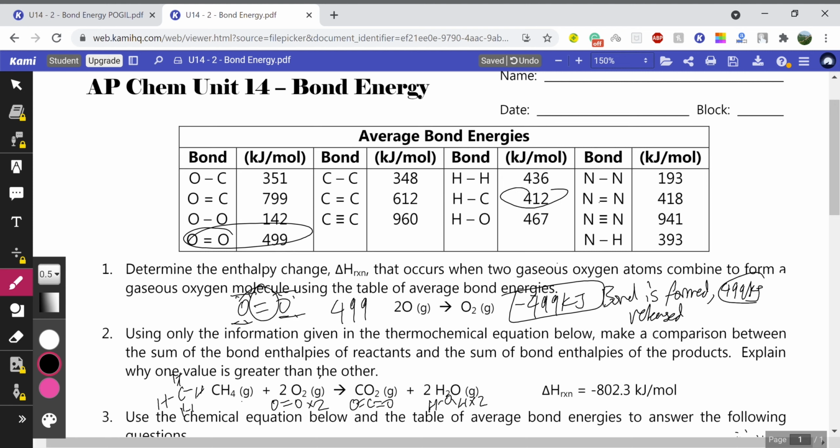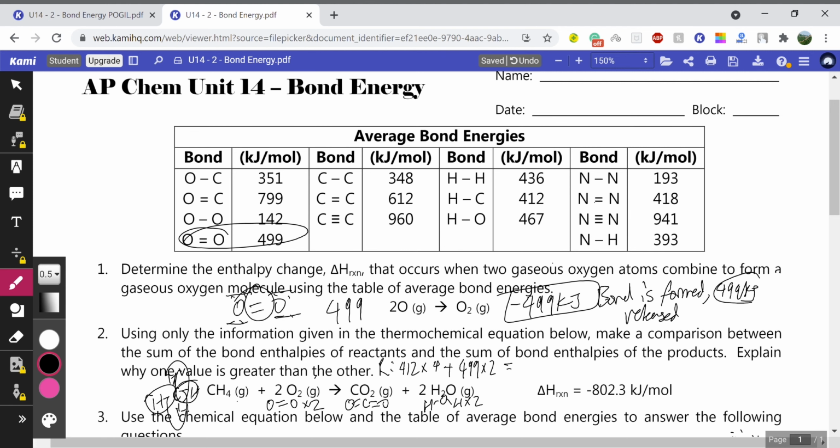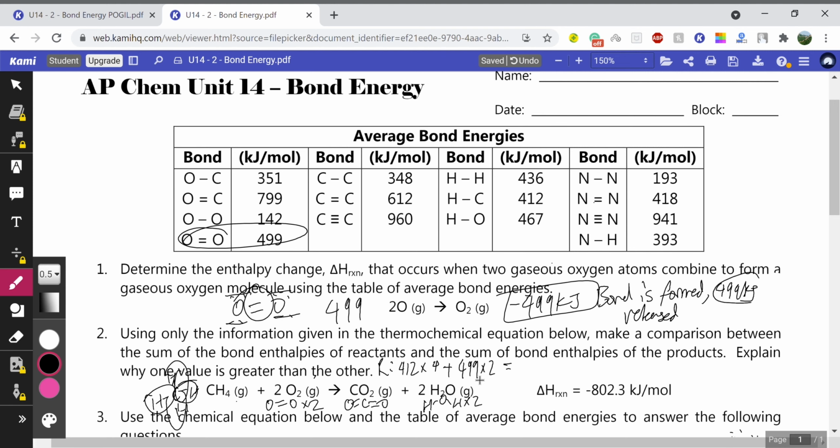C-H is 412. So for the reactants, it is 412 times 4, since we have 4 of those, 1, 2, 3, 4, plus our O2 times 2, so 2 double O bonds, which is 499 times 2. That is 412 times 4 plus 499 times 2, which is 2646.